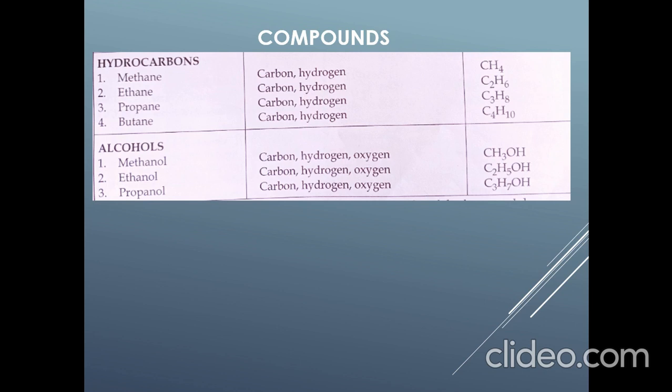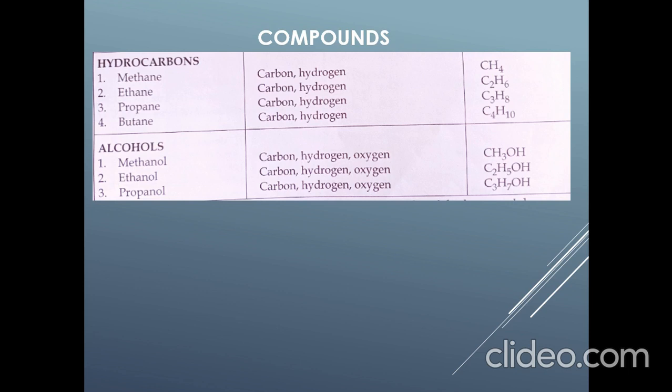Now let us understand about the alcohols. Alcohol consists of OH group. Methanol consists of carbon, hydrogen and oxygen. The general formula is CH3OH. It is also called as methyl alcohol. Ethanol consists of carbon, hydrogen and oxygen, C2H5OH.